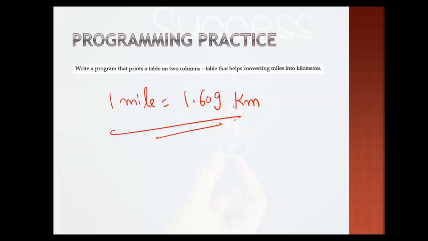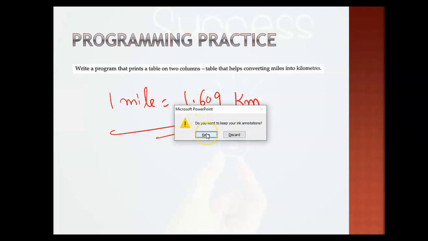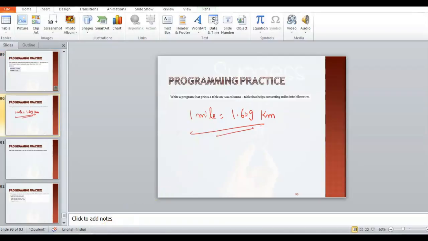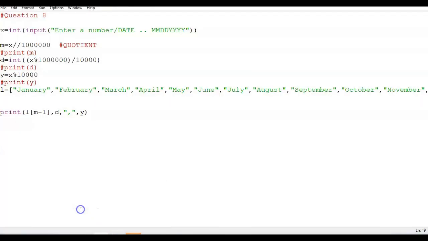Okay, so this is quite a simple question. You have to display it in the form of 2 columns. So just pretend like you are inside a table, that it is just the formatting that is actually required for the same. As such, code change is not required. So how can we convert it into a comment? You just give 3 quotes. If you are aware of it, 3 quotes are used for a multi-line comment.